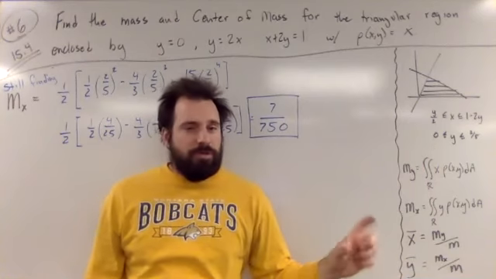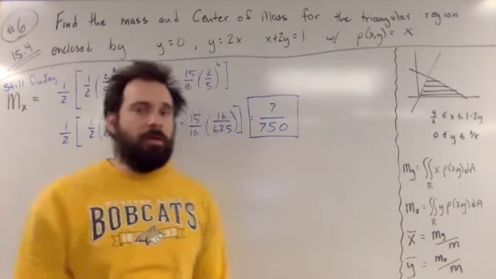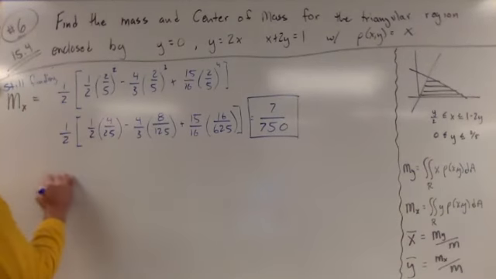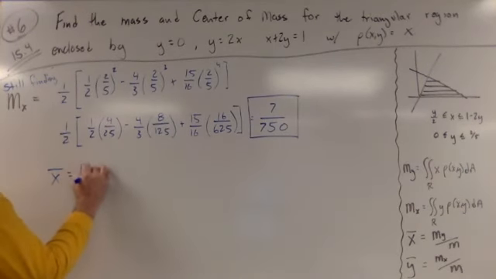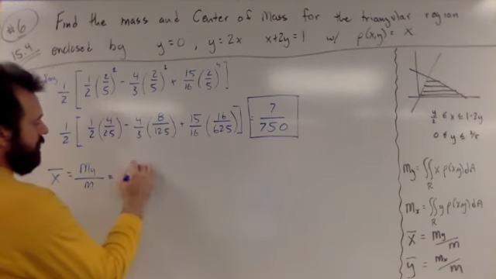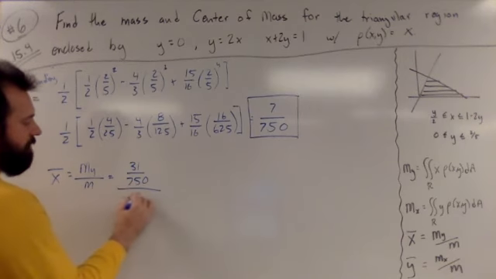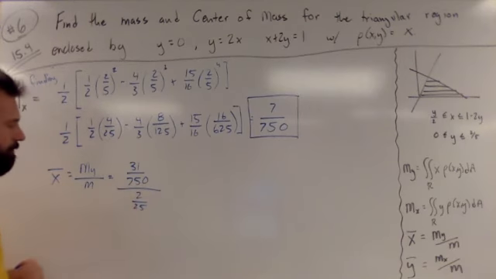So it looks like those are switched backwards. That's the way it's supposed to be. So x bar is the moment about y divided by the mass. My moment about y, we said, was 31 out of 750, divided by my mass, which was 2/25.